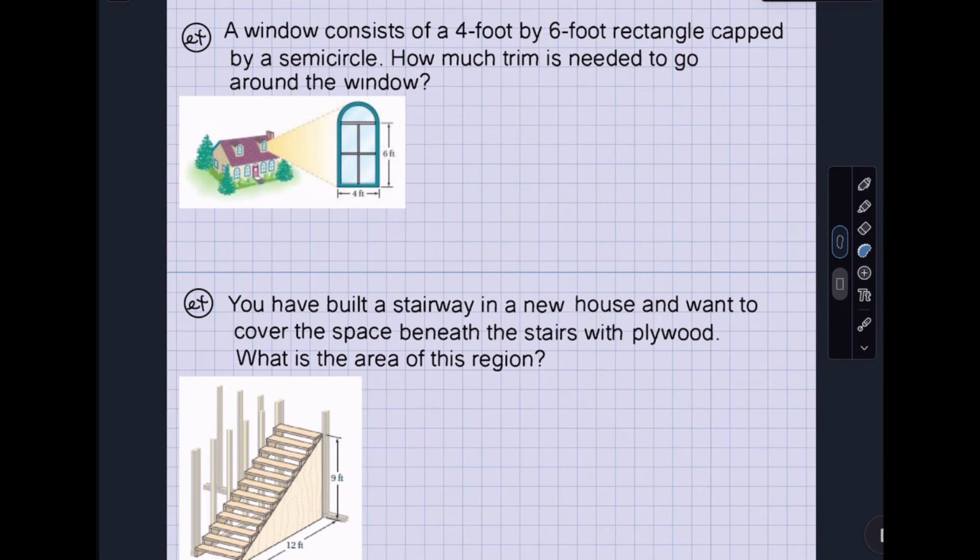The window is a 4 foot by 6 foot rectangle with a semicircle on top. How much trim do I need? When I'm talking about trim, am I talking about area or perimeter? Perimeter. Okay.